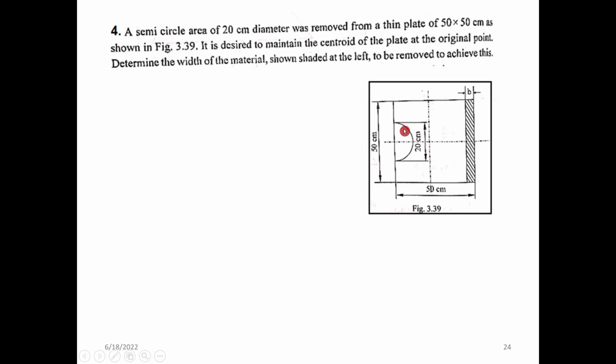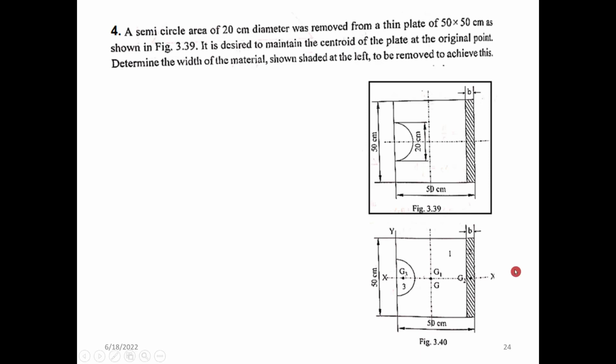Please note that when we are removing a semicircle, the centroid will shift to the right. So if I remove some portion from the right, then obviously the centroid will shift towards the left, and at some point it may reach the previous centroid. So we want to find this region to be cut so that the centroid is kept constant as before. That's a challenging question.